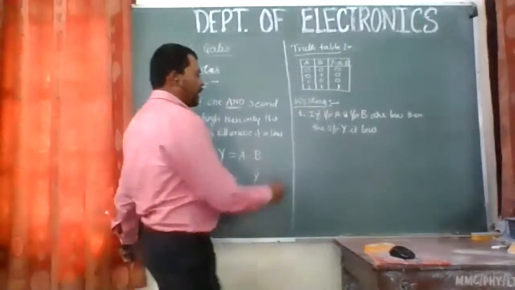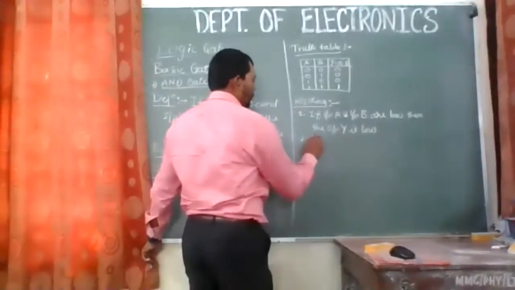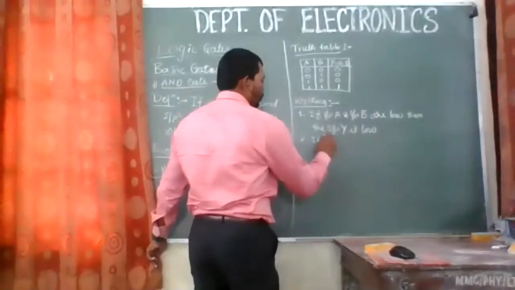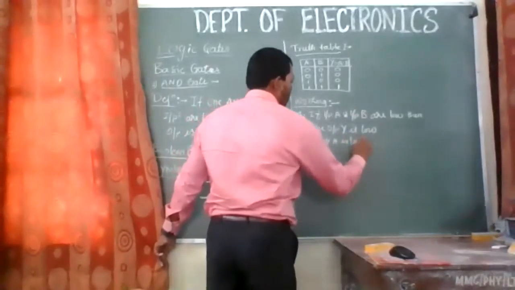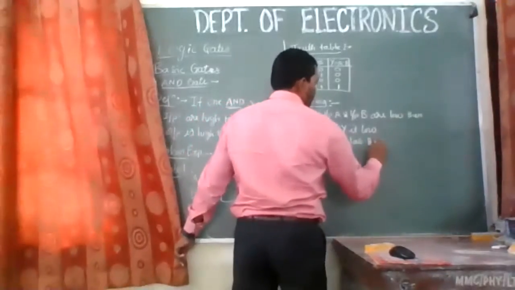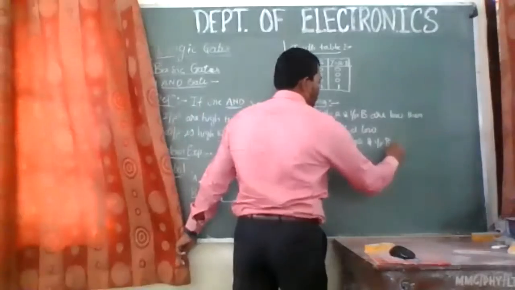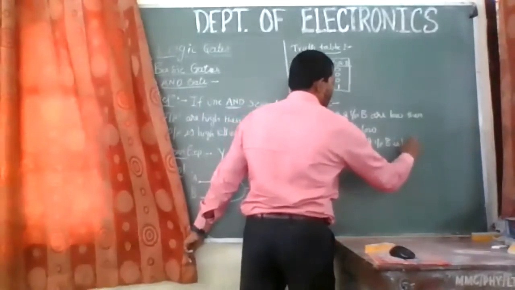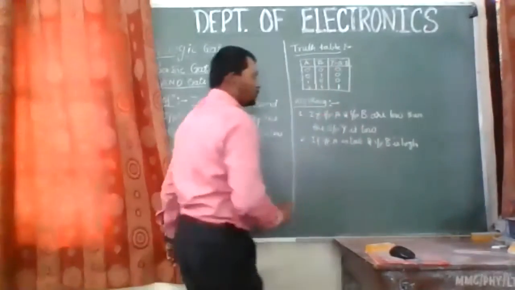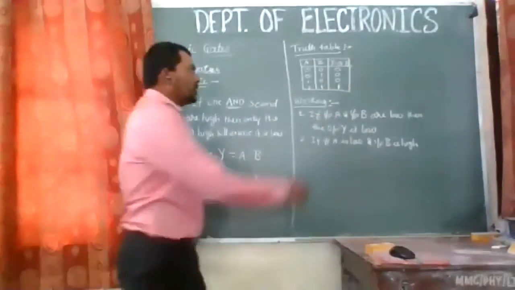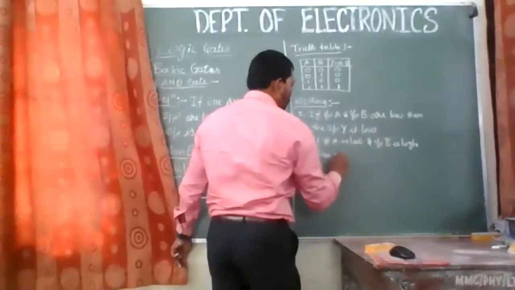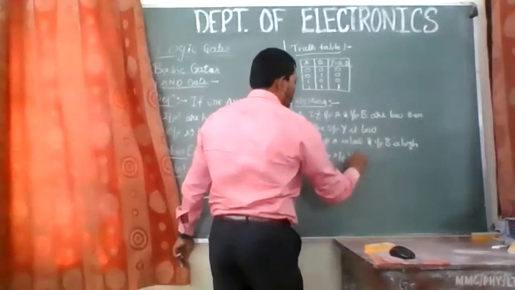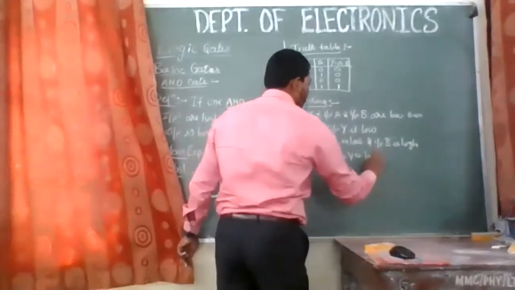In the second point, we are expecting you to write: if input A is low and input B is high, as shown in this truth table, then the output Y is low.